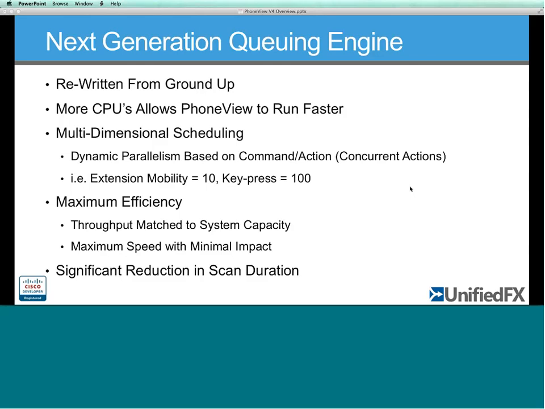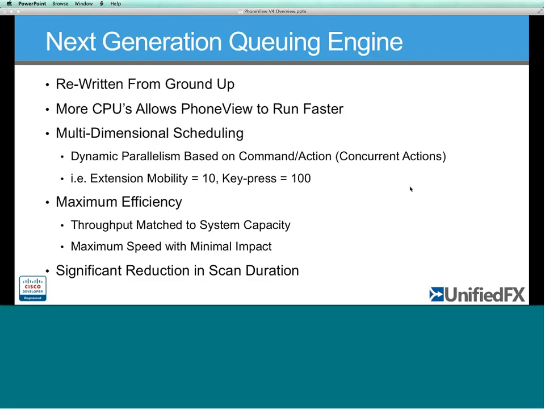As I was saying before, previously it was monolithic, so we had a queue width, which might be 10 or say 20, and everything always happened at that level of parallelism. The thing about that is, if we're doing certain actions that can't handle that kind of speed, it could put stress or high CPU load on the cluster at points.